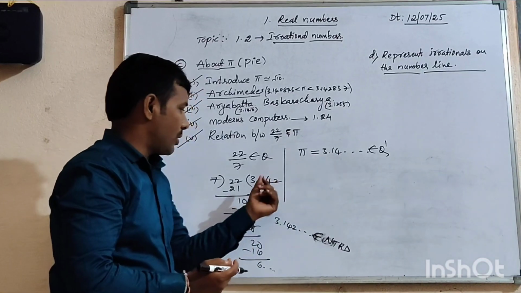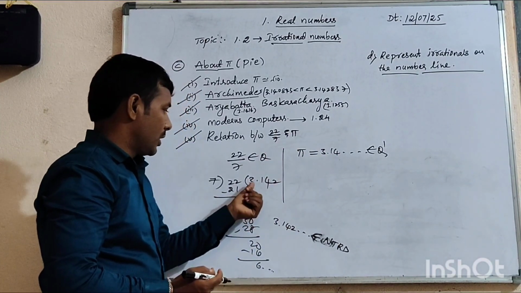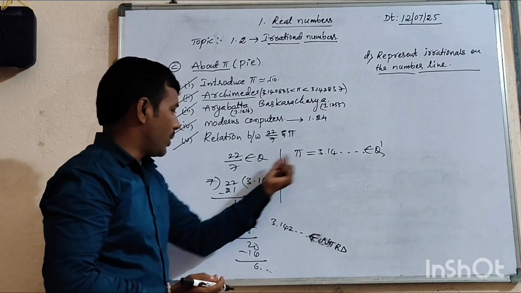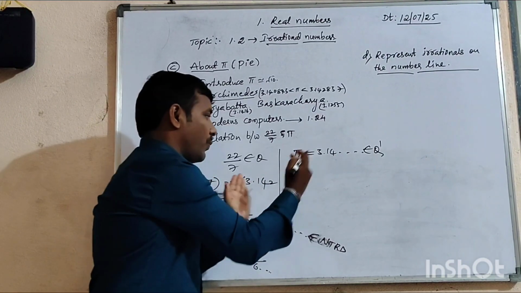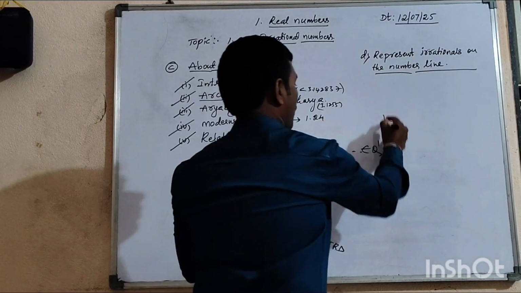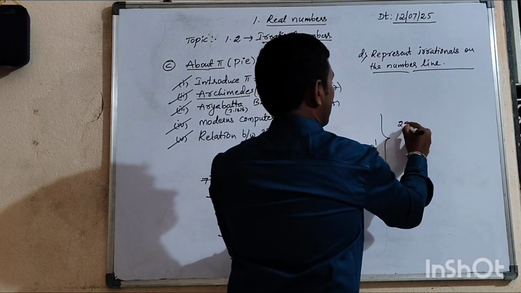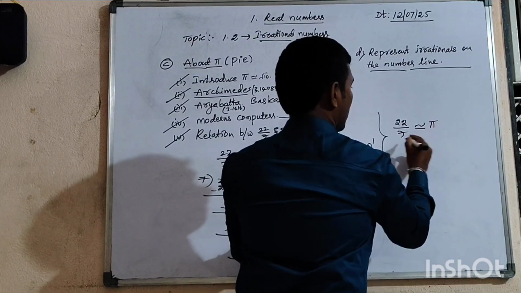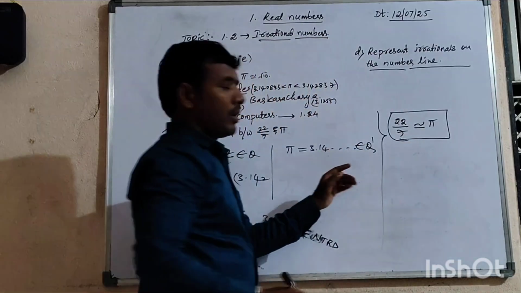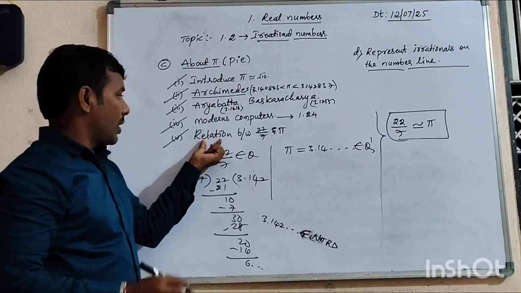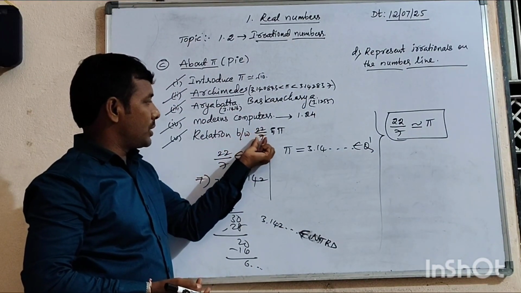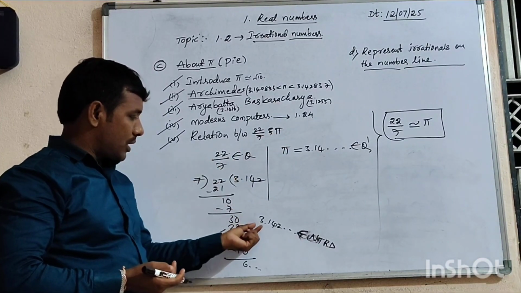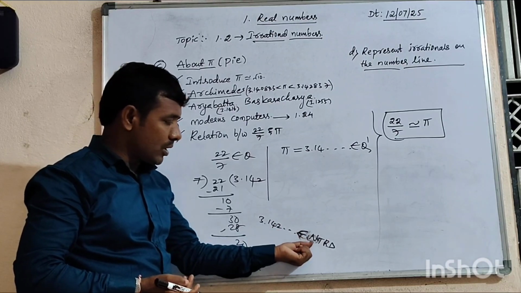See, 3.14 up to 2 decimal places is 1.4, and the integral whole part is 3. So both figures are approximately equal. I want to make it clear that 22 by 7 is approximately equal to pi. The answer for 22 by 7 is 3.142..., which is called NTRD.